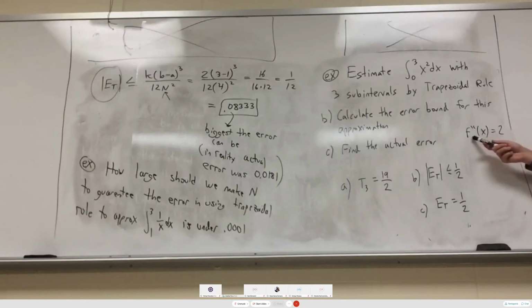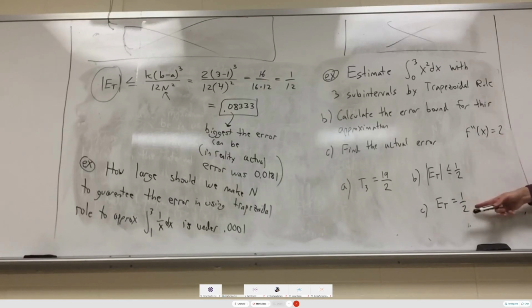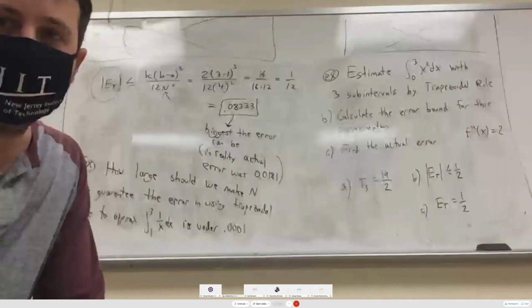Because the second derivative never changes, the worst case scenario assumed for every interval is 2, and it is there for every interval. So that's why the error bound becomes exactly the error. Fun little details on this stuff.